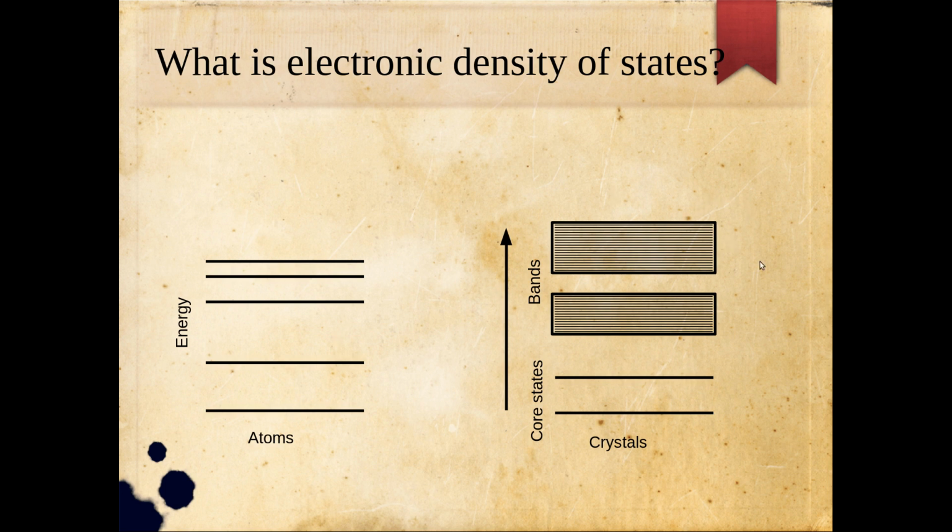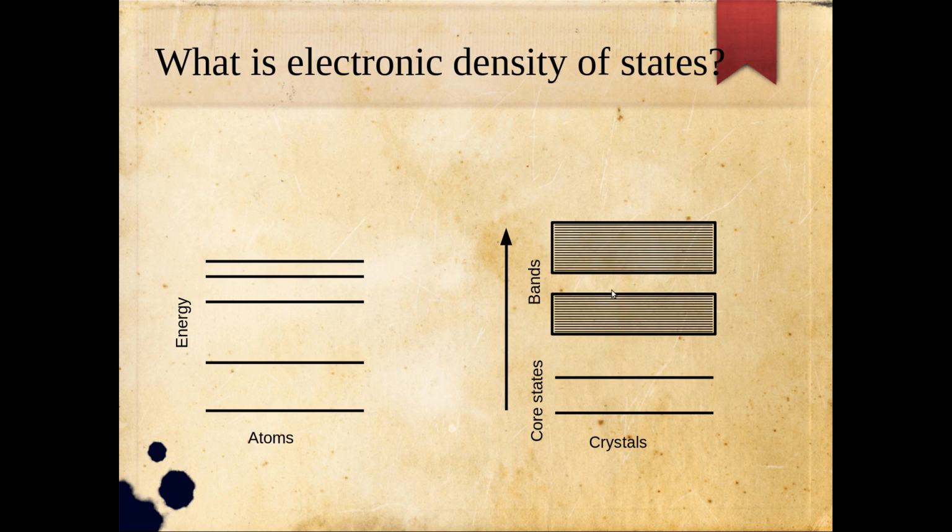But the valence electronic states split into closely spaced energy bands, and that's what we call the bands formed in crystals. These bands are important, and we need to know how the electronic energy states are distributed as a function of energy in these bands, and that is what we are trying to calculate.